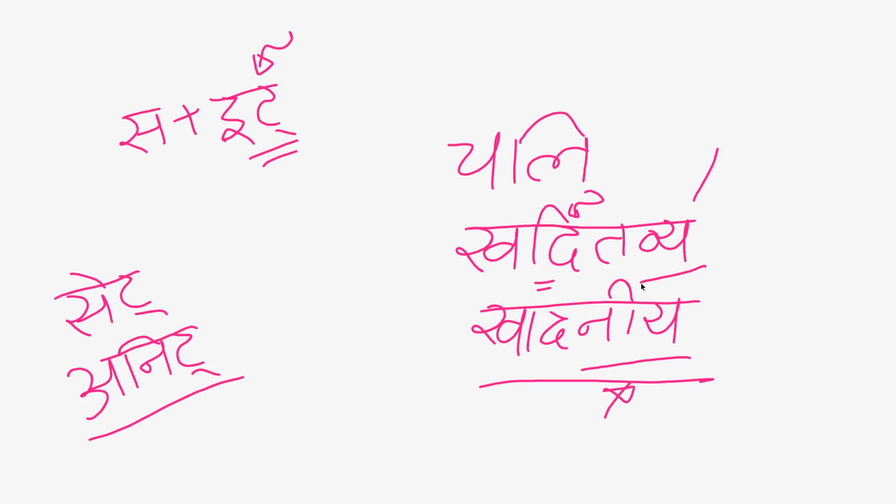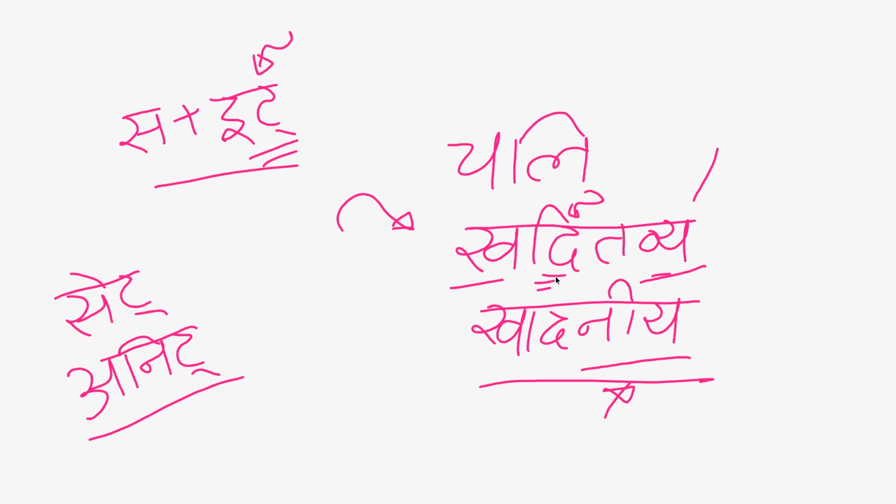So when we add the tavya pratyaya to a dhatu, if the dhatu is a set dhatu, then that it comes and the e sound comes in between the dhatu and tavya.